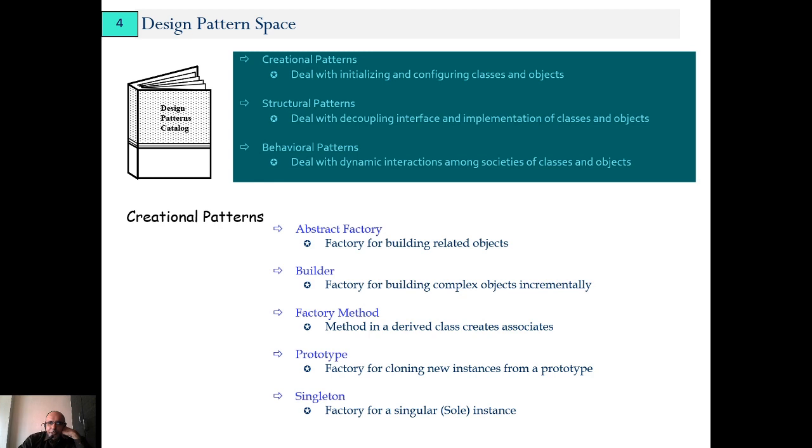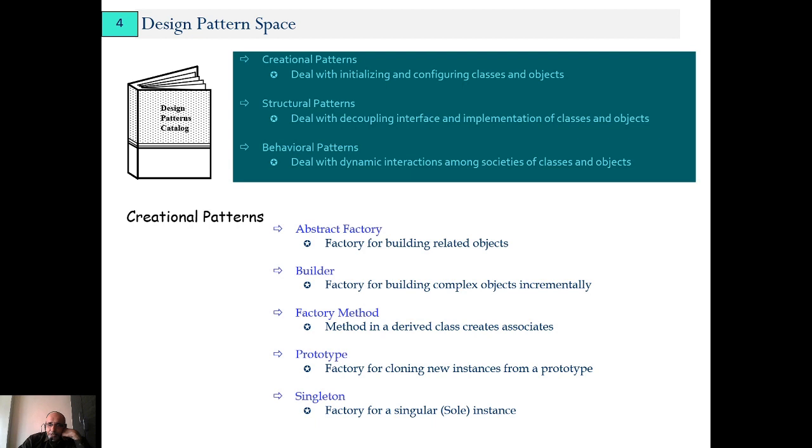So creational patterns: abstract factory, if we take a look at that, is a factory for building related objects. Builder is a factory for building complex objects incrementally. Factory method is where a derived class creates an association. That is the difference between abstract factory and factory method.